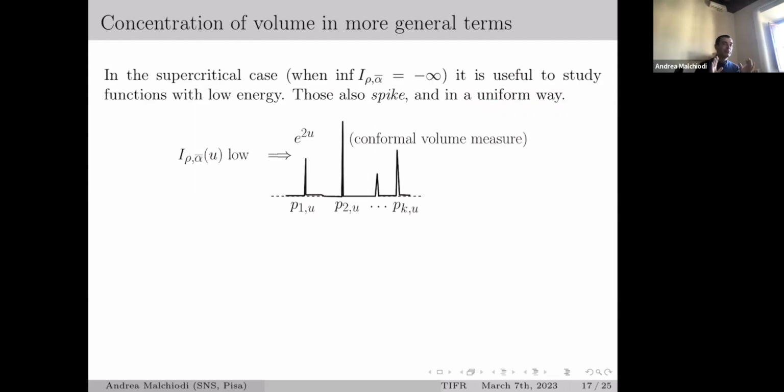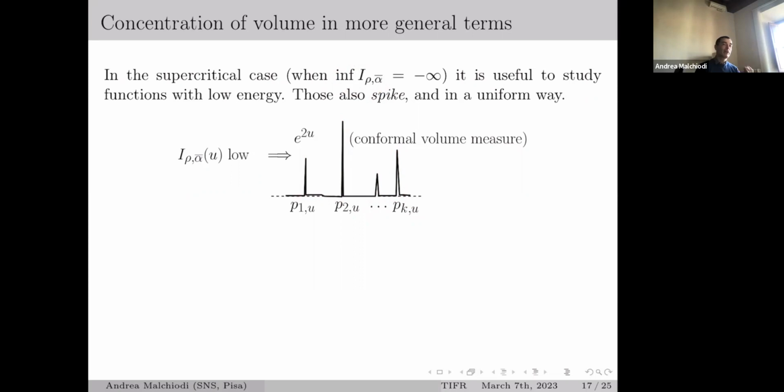So the principle is the following. So you look at your energy. If it is low, then the conformal volume concentrates at a finite number of points. And it is possible to describe at how many points this can happen and what is somehow the character of these points.